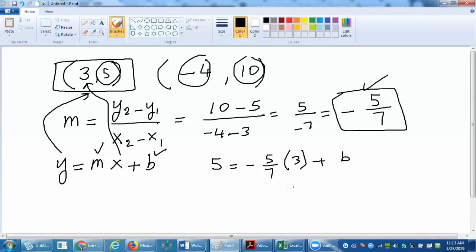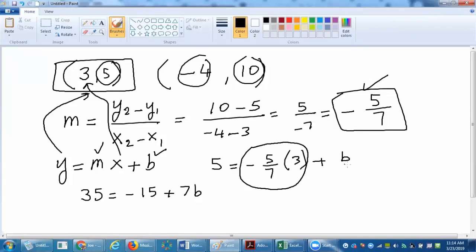So to solve for b, one good way to isolate b is to simplify the fractions. We don't like fractions. So let's multiply everything by 7. This would be 35 equals -15 plus 7b. Multiplying 7 times 5 is 35. Multiplying 7 by the fraction, the 7 will cancel, and -5 times 3 is -15.